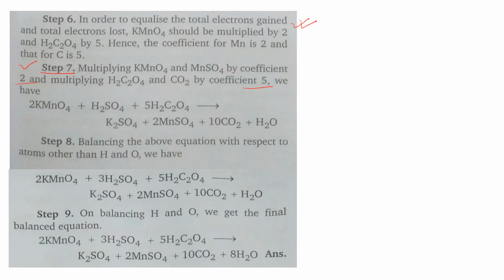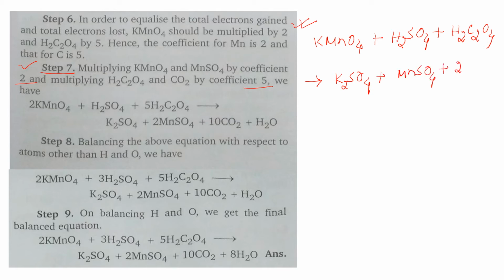Now before multiplying this equation by 2 and 5, what was my equation in step 6? Let me write it here. That was KMnO4 plus H2SO4 plus H2C2O4 giving you K2SO4 plus MnSO4 plus 2CO2 plus H2O.